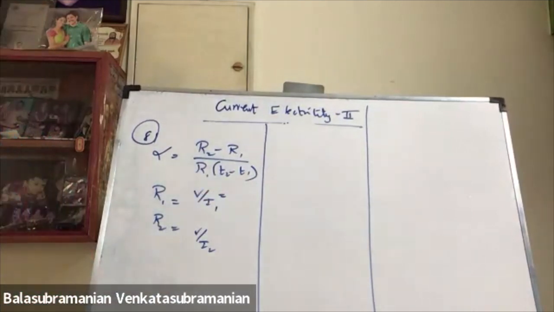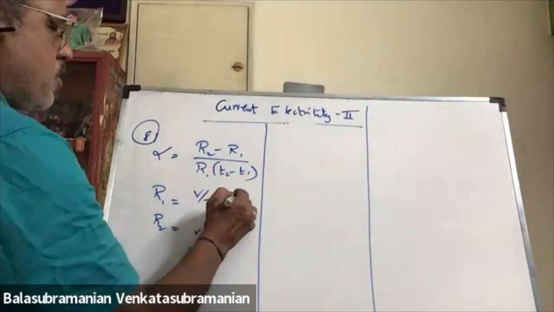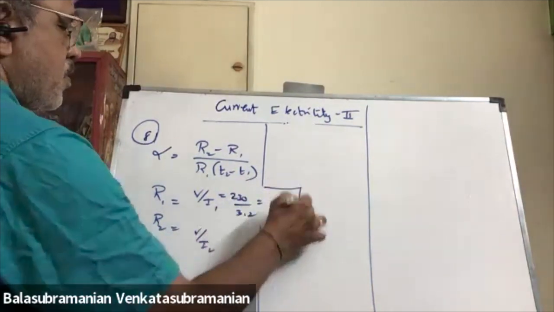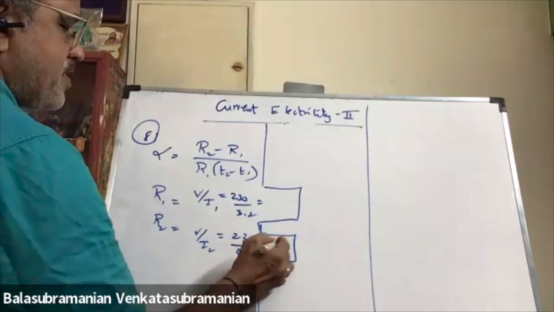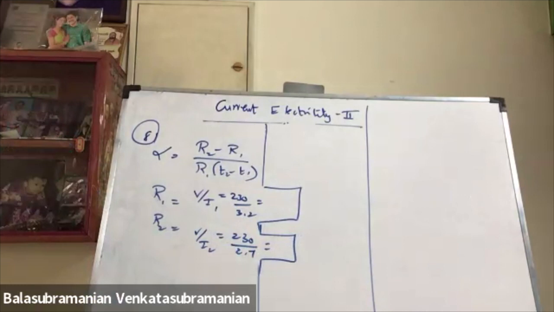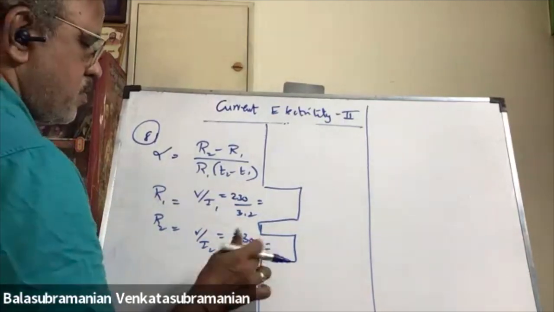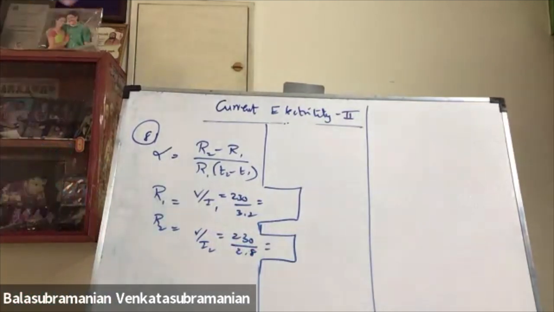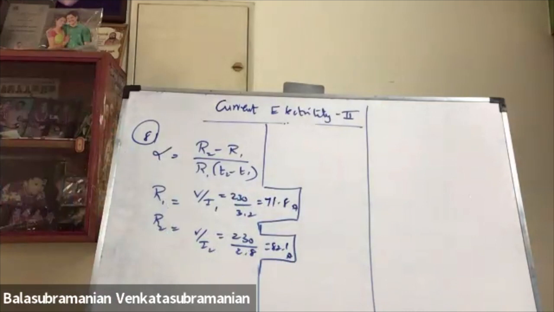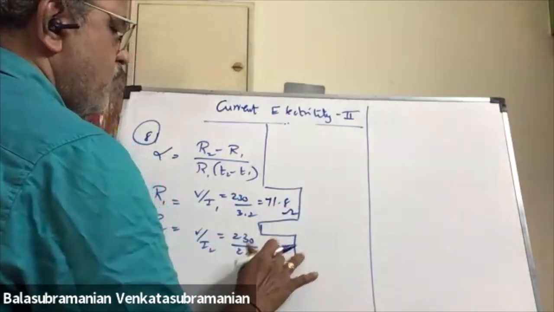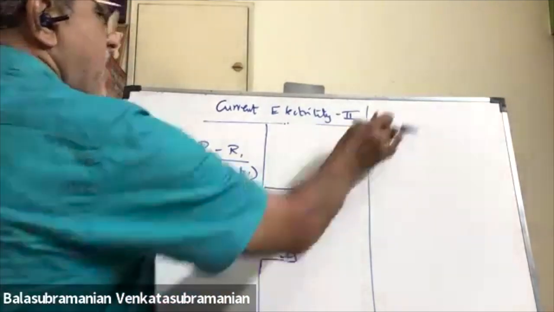What is the value? 230 volts by 3.2, that is 71.8 ohms. Then 230 by 2.8 for the second case, that is 82.1 ohms.